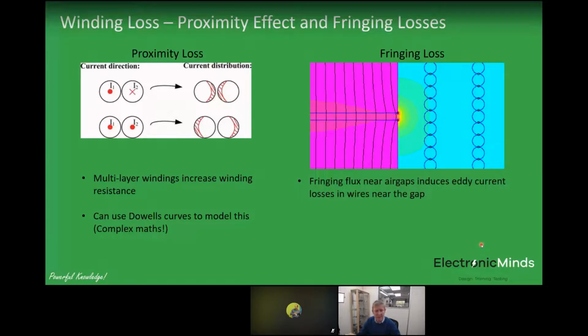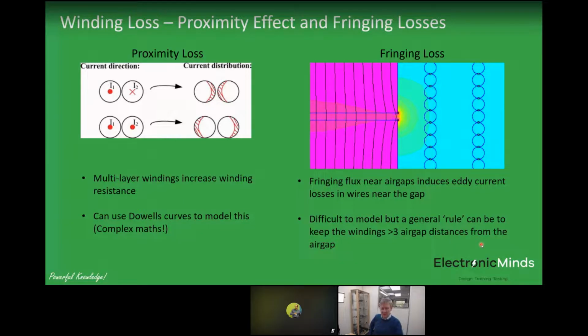So it causes eddy current losses in the wires near the gap. It's actually quite difficult to model. We haven't really modeled it specifically here. We use FEA to try and get a feeling on how to quantify it. I've read about various rules of thumb, one of which I've heard is if you can keep your first layer of windings more than 3 air gaps away from the air gap, that will minimize the effects.